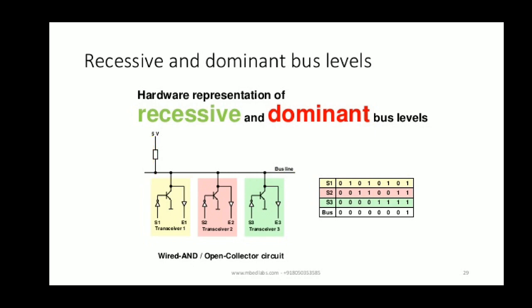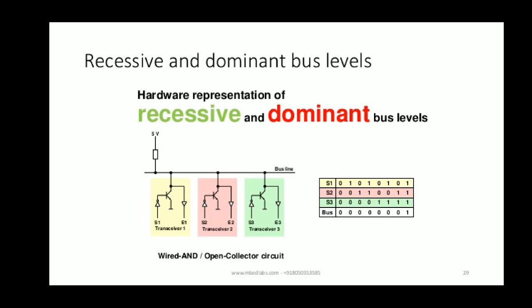In this case, we can say that the dominant mode of this bus line is 0 volt, because if any of the transistors is turned on, then the bus line will be connected to the ground potential. So the bus line voltage will be 0. And in order to make the bus line plus 5 volt, all the transistors should be turned off. So we can say that the recessive mode of this bus line is plus 5 volt.